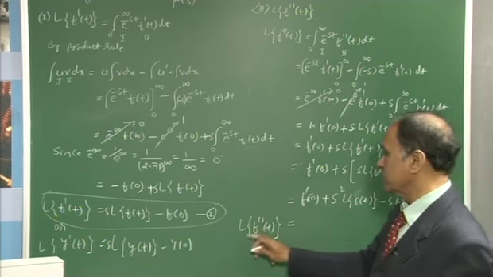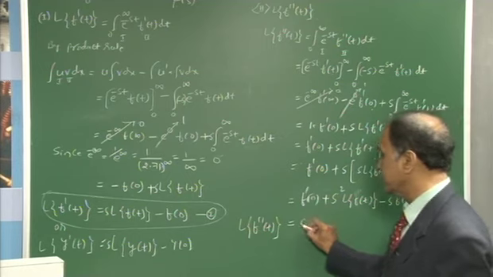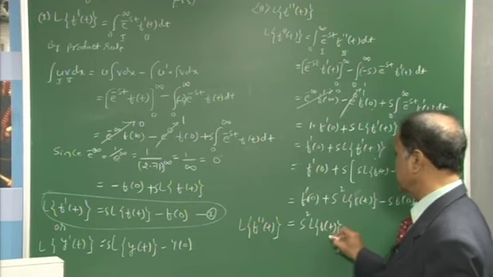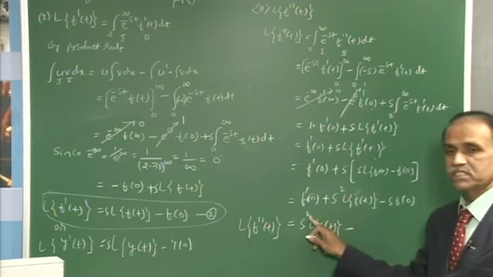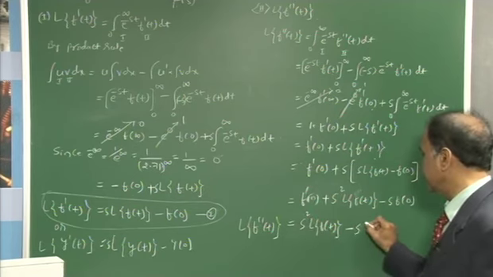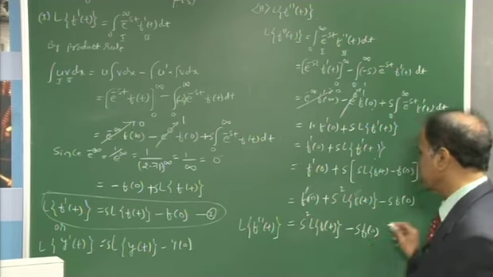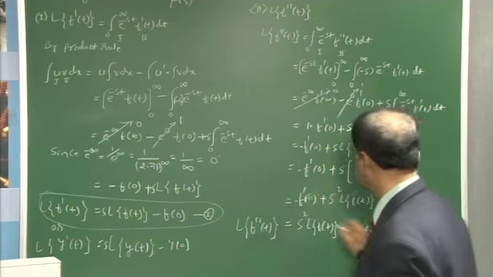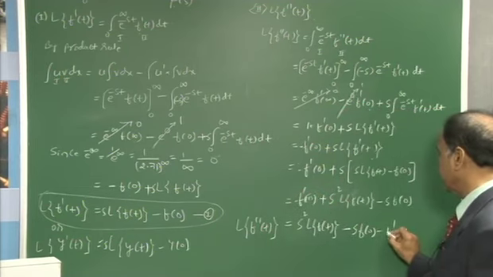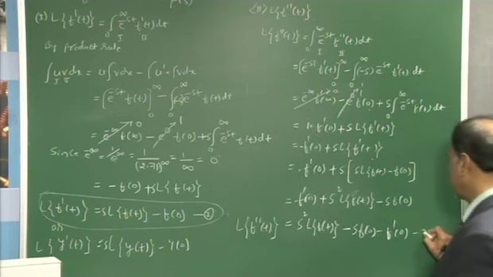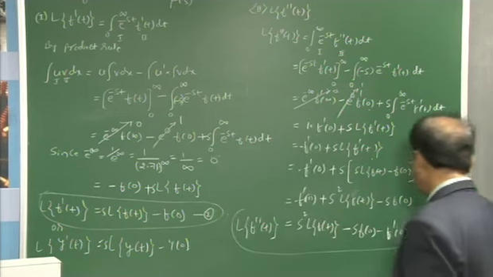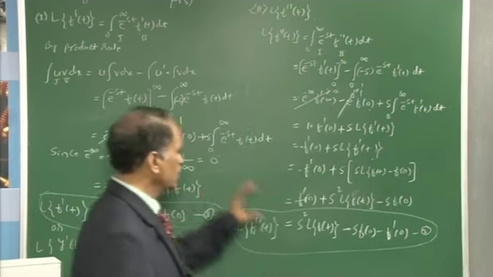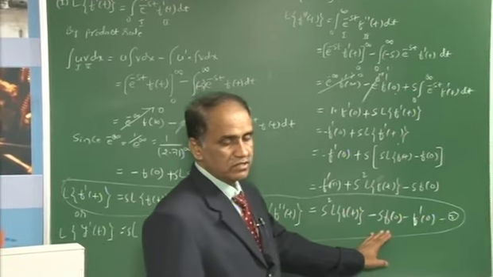Then L of f double dash of t is equal to, first term with the highest degree of s, that is s square L of f of t, minus the next lower degree of s, that is s into f of 0, and next term, minus f dash of 0. I can call this equation 2, and this result will be used for the second order derivative. That means for the first order derivative this is the expression, and for the second order derivative this is the expression.